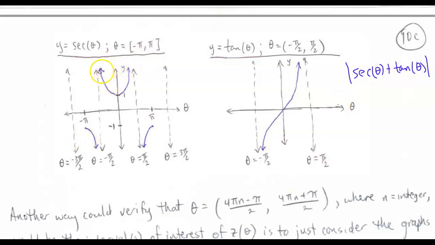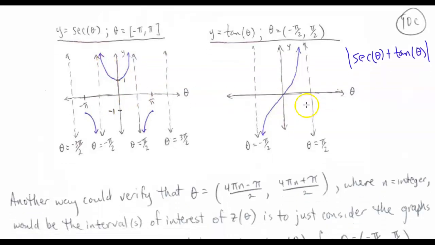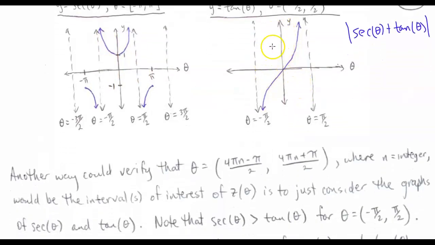If we look here, we see that the graph of secant between negative pi over 2 and pi over 2 is always going to be 1 or higher, whereas tangent, that's not always the case. Matter of fact, tangent doesn't get to a value of 1 until it hits pi over 4 radians, which is the same as 45 degrees here. So from here on up, it's going to lag behind secant. That means the graph of secant is always going to be above the graph of tangent between negative pi over 2 and pi over 2.